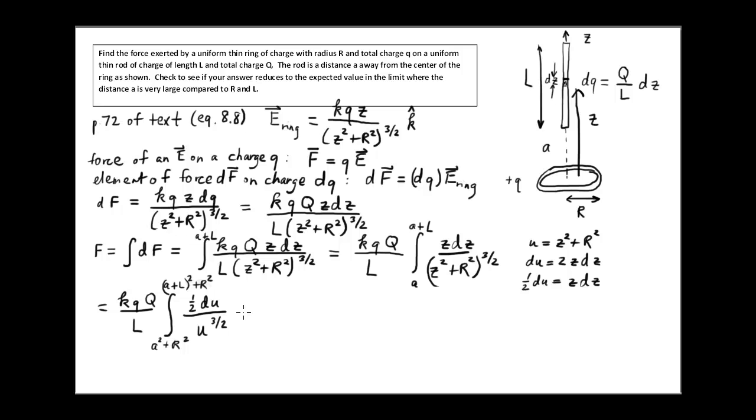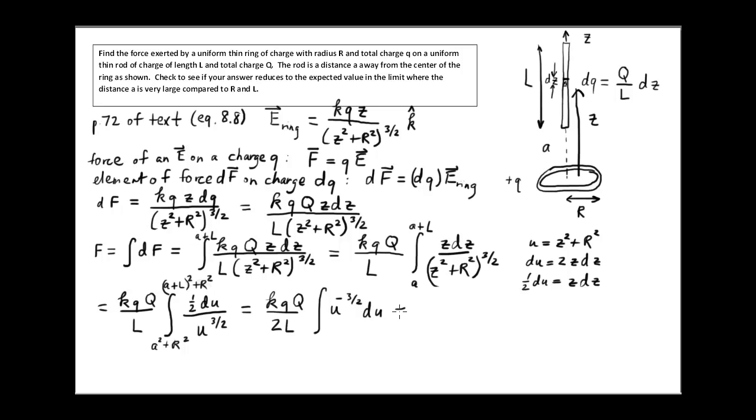All right? So the 1/2 can come outside. We get k q over 2l. And then the integral is just the integral of u to the minus 3/2 du. Now the limits, I won't rewrite those just to save a little bit of space here.